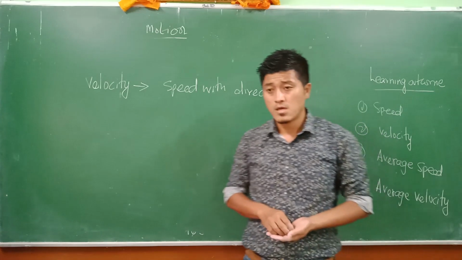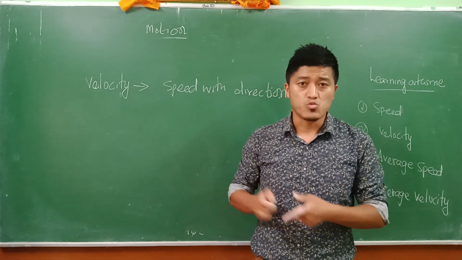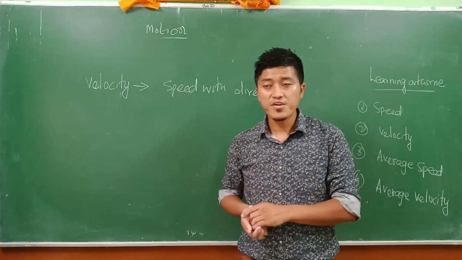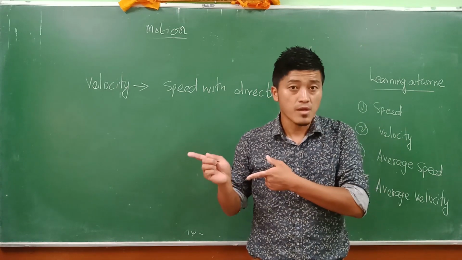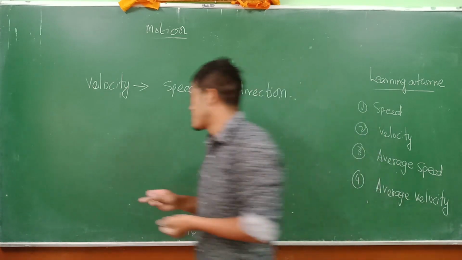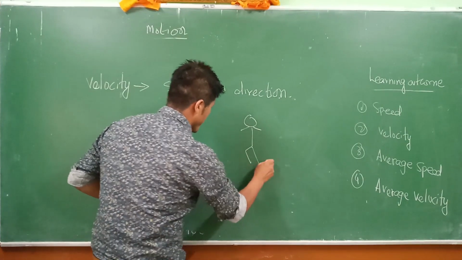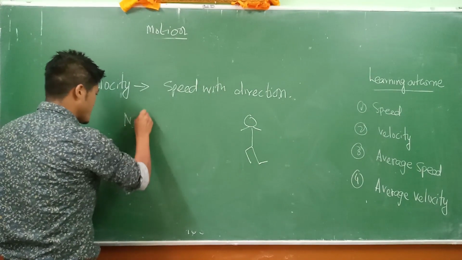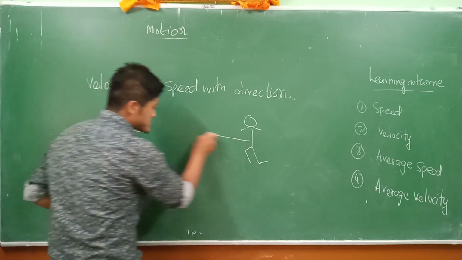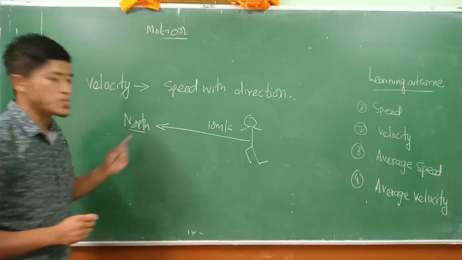For example, Tenzin is running with a velocity of 10 meters per second towards north. So over here, Tenzin is running in the north direction, and he is also having a magnitude of 10 meters per second. So let's say this is north. Tenzin is running at a velocity of 10 meters per second towards the north.